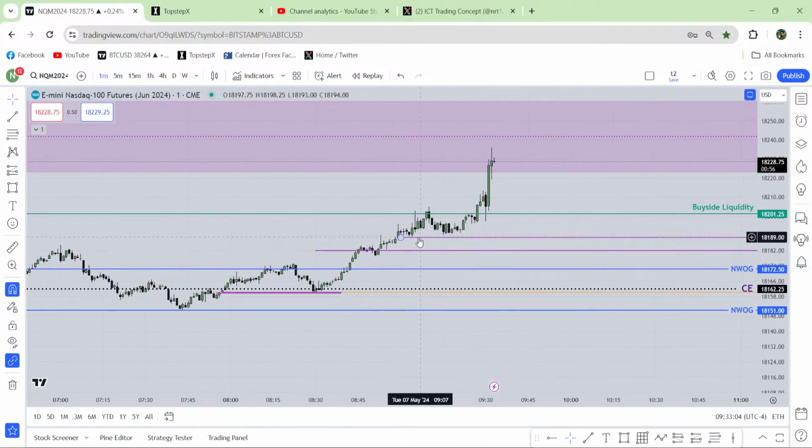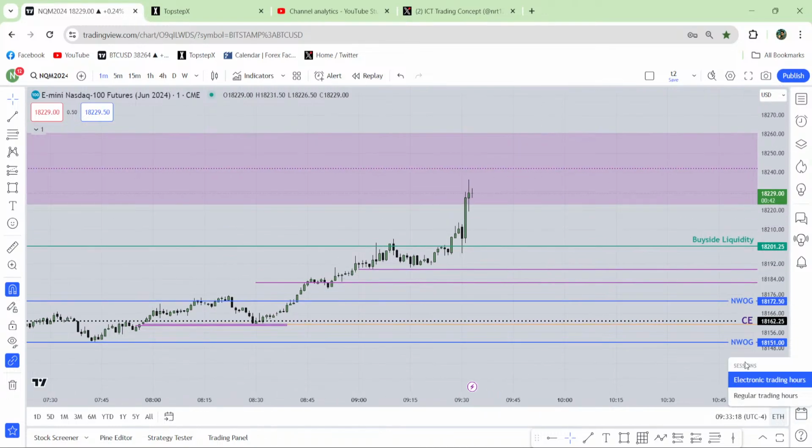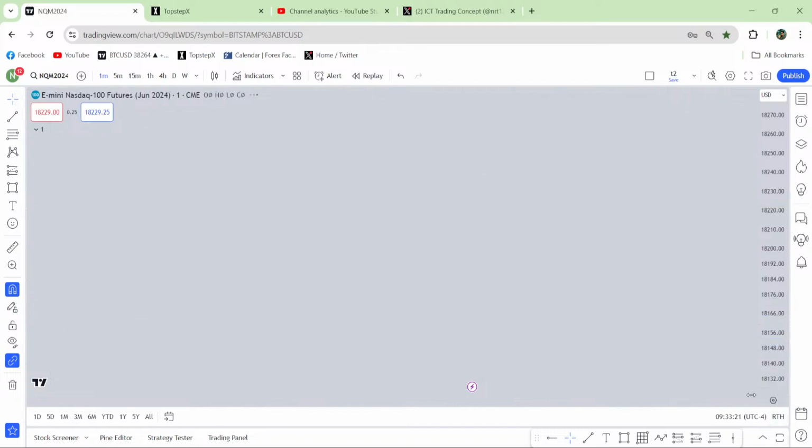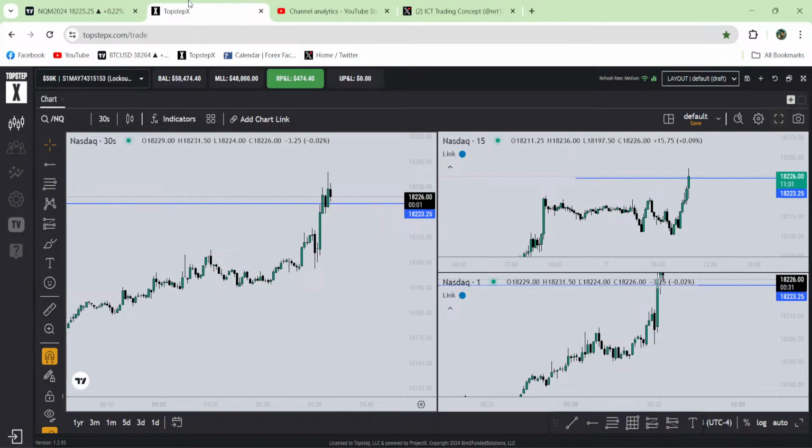See all of this sell-side liquidity, these relatively equal lows, very clean sell-side liquidity. Don't forget about them. All I need to see is how it reacts around that hourly last parabolic gap. Also the gap is over here. This is the gap. We will see if we find anything.